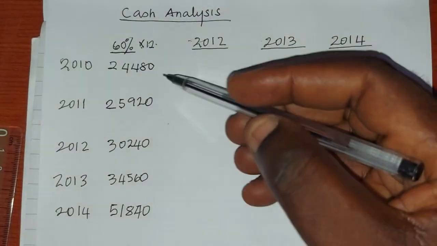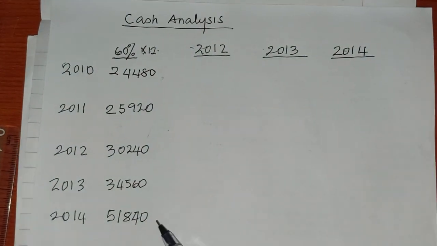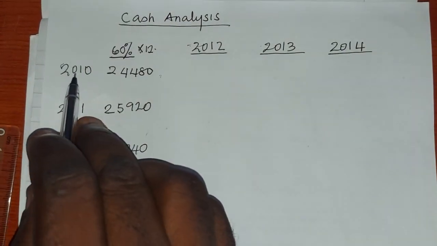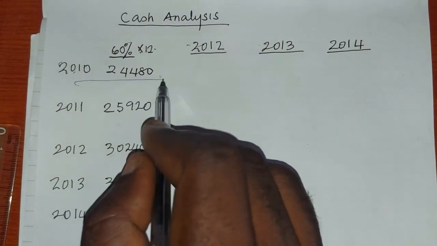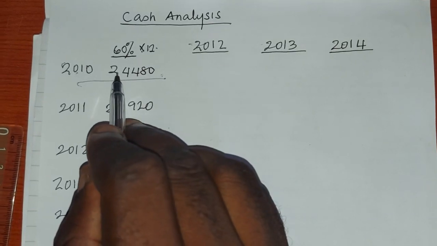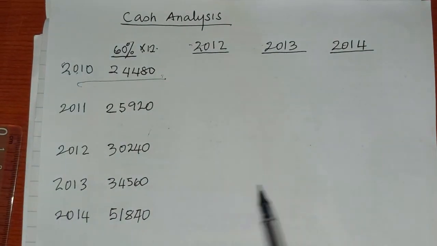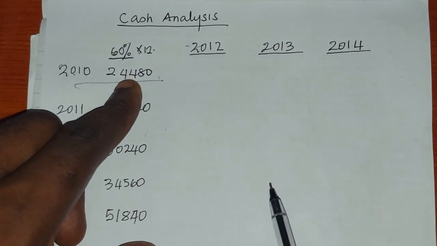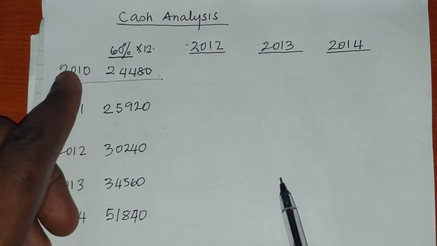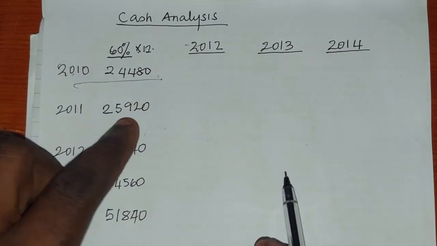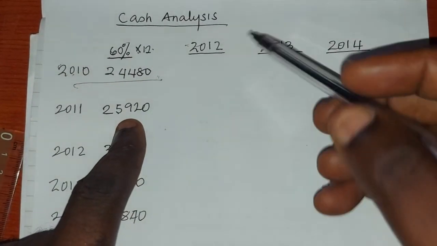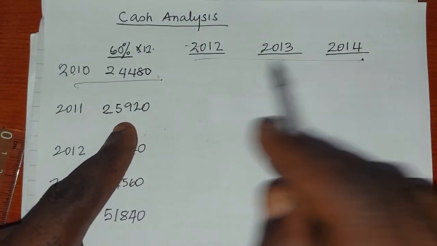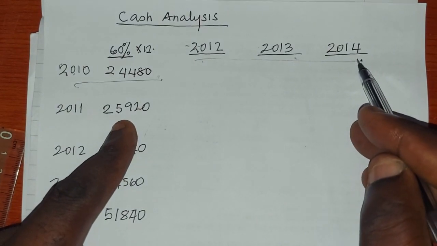So all the 60% credit sales has been gotten, and we are told that for 2010, so the 2010 is out of it. If you divide this by 12, it means 11 months will be recovered in 2011, and the 2011 is not part of the required years, which are 2012, 2013 and 2014.